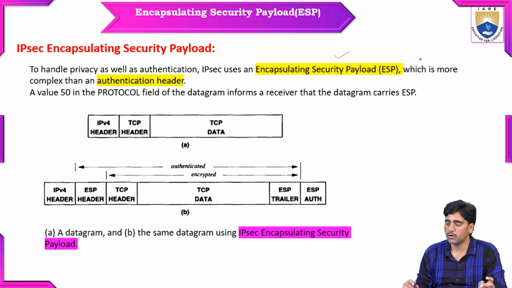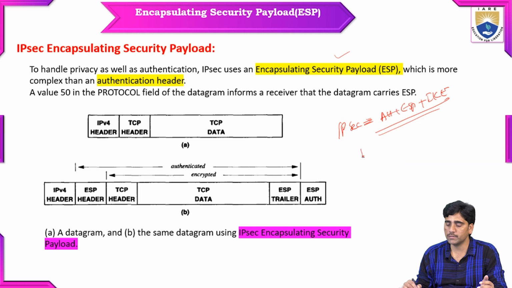We already know that IP security is a service offered in the transport layer security. IP security is authentication header plus encapsulating security payload plus internet key exchange.